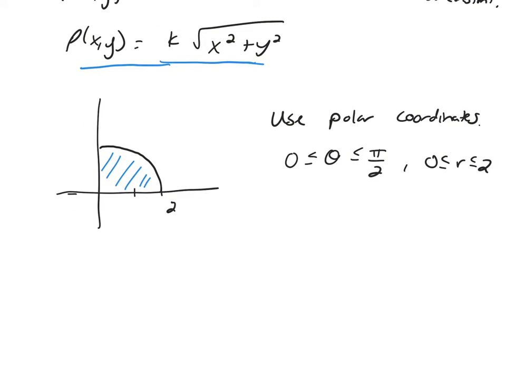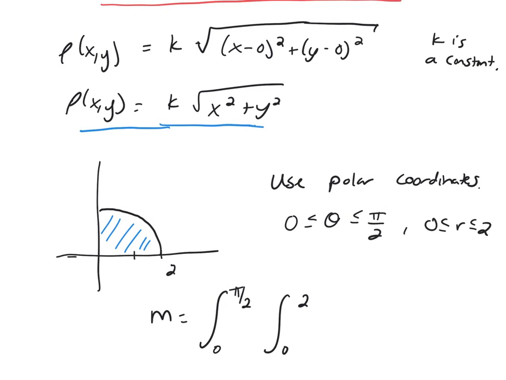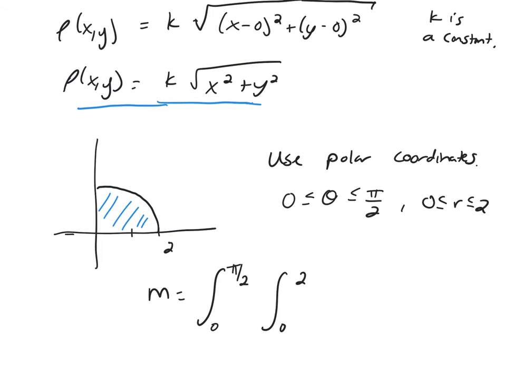So to find our mass, it's going to be from 0 to pi over 2, 0 to 2. Now we do need to change our density function. In terms of polar, it'll be k, that's just a constant, square root, and then x squared plus y squared becomes r squared.